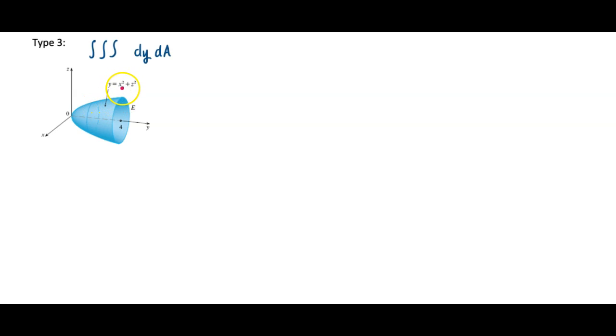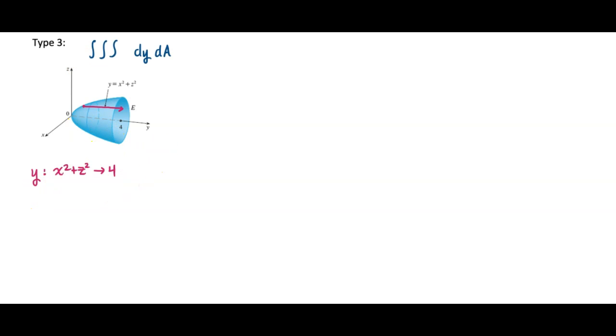And isn't this parabola just x squared plus z squared? And so my y is just going to start at x squared plus z squared, any point along this thing, and where does it stop? Well, my y always stops at 4. All right, so these are my y bounds.